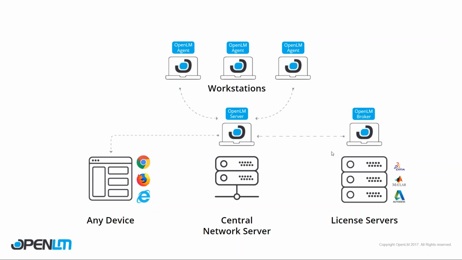It doesn't need the OpenLM Broker. The OpenLM Broker gives it a lot of benefits such as license expiry. It can tell you when the license will expire, such as denials, and many other features like data validation and so on. The agents as well are not mandatory, it's optional.